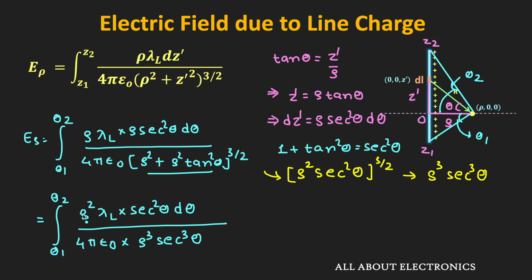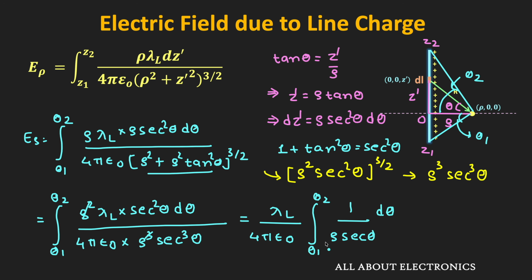So here this rho square will get cancelled out, and here lambda L divided by 4 pi times epsilon naught is also constant. So further we can write it as lambda L divided by 4 pi times epsilon naught times integration of theta 1 to theta 2 of 1 divided by rho times sec theta d theta.